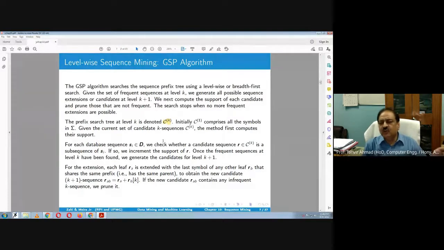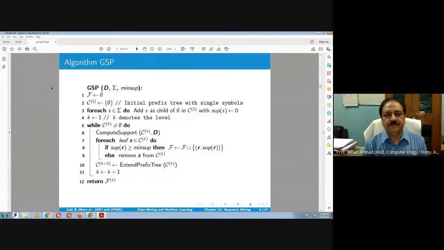In this case, it could be ACGT. Okay. Then after that we generate C of 2, which will contain sequences of length 2. Now let's take an example in order to do it. The example will make it very clear how we are going to do this.